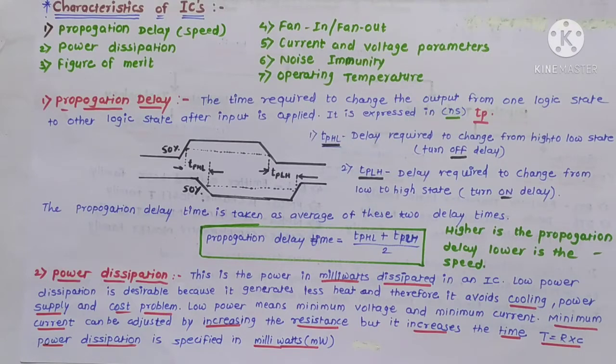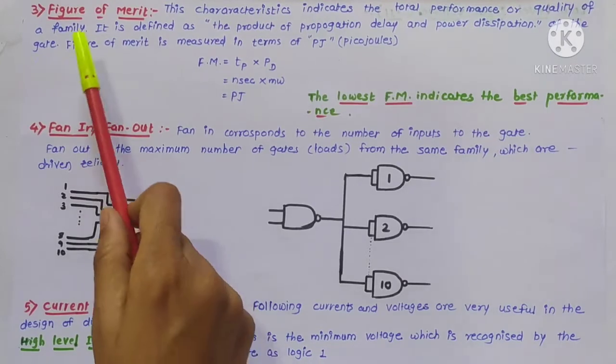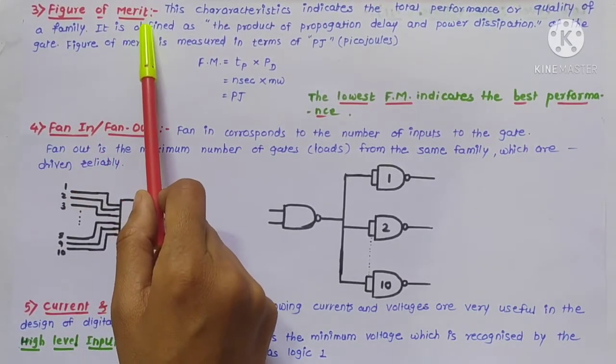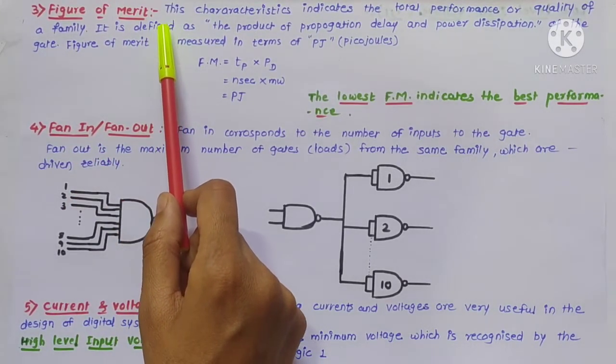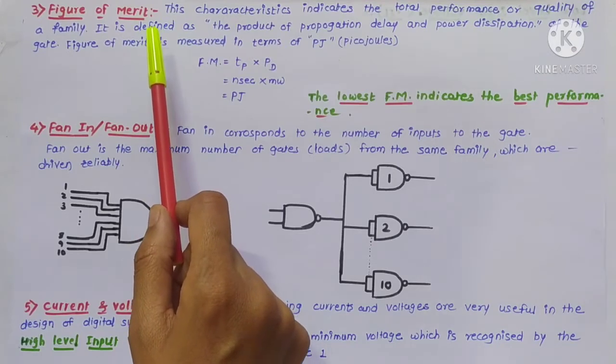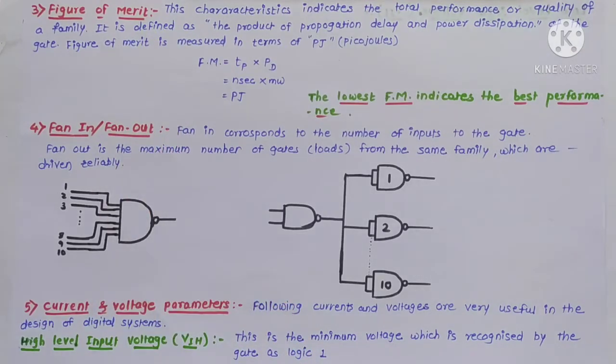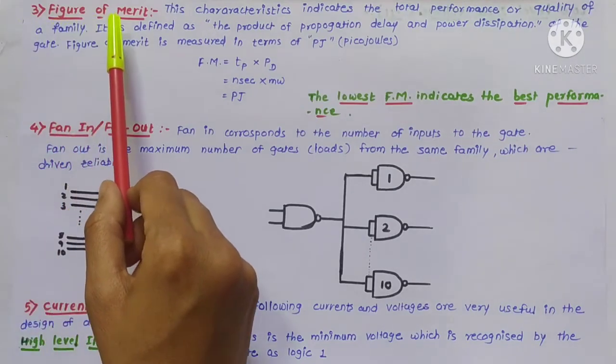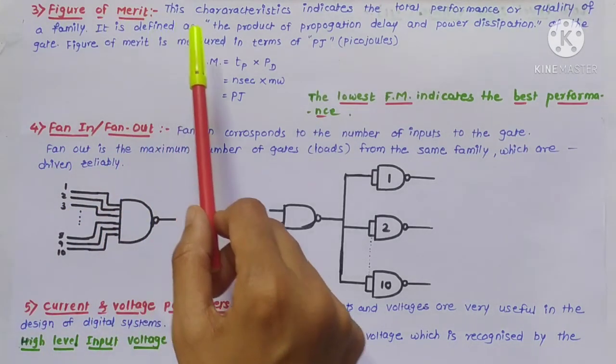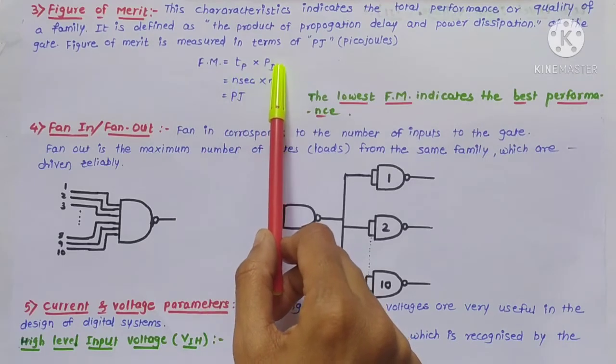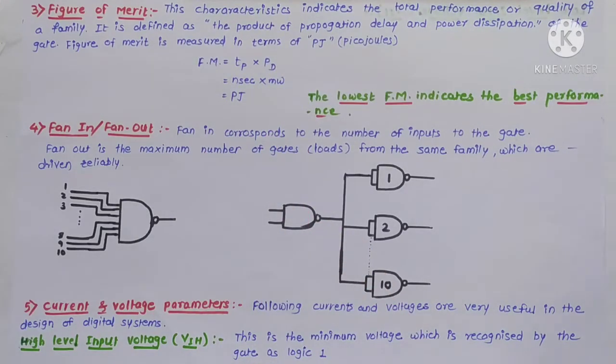Okay students, now let us see the third characteristic. This third characteristic is nothing but figure of merit. Students, as you know the propagation delay and power dissipation, we can say that figure of merit is the product of propagation delay and power dissipation. As here given, power dissipation is in milliwatt.